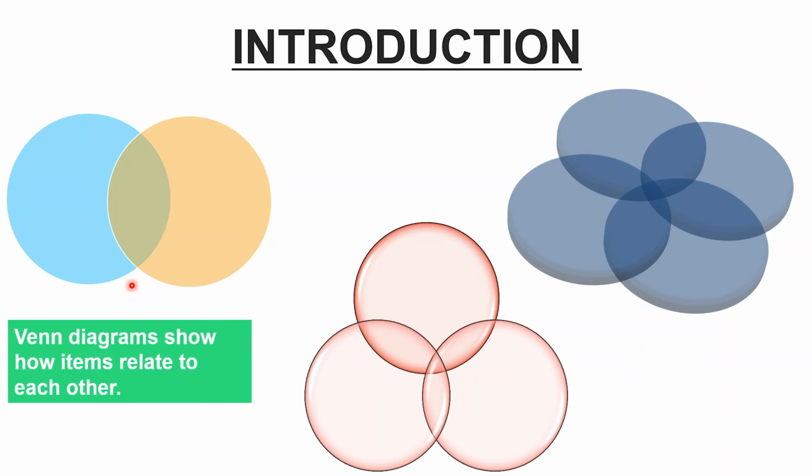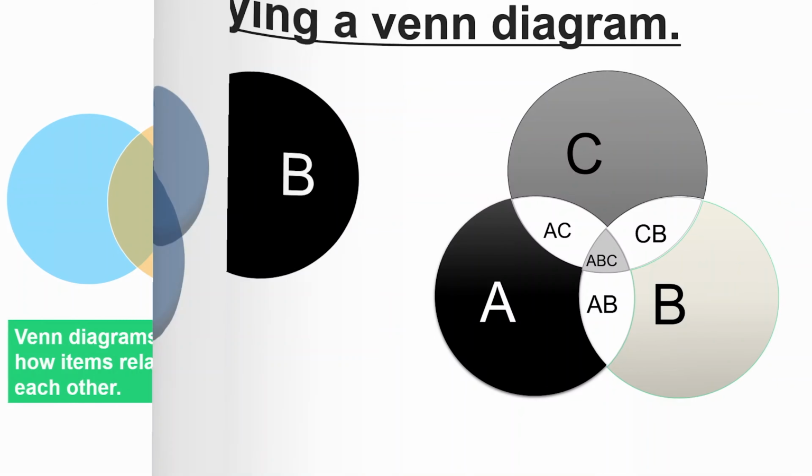Look at here. You can see the two circle Venn diagram, three circle Venn diagram and four circle Venn diagram. Let's have a look at these Venn diagrams.